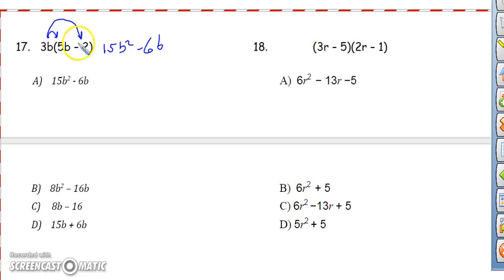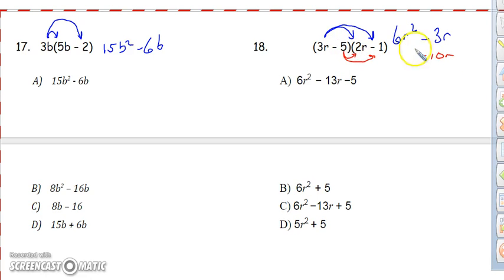Now over here, it's double distributed once here, so there I'm going to double distribute. 3r times 2r, 6r squared. 3r times negative 1, negative 3r. There it is. Now, we go to our next term, negative 5. Negative 5 times 2r. Line it up with your r term, negative 10r.